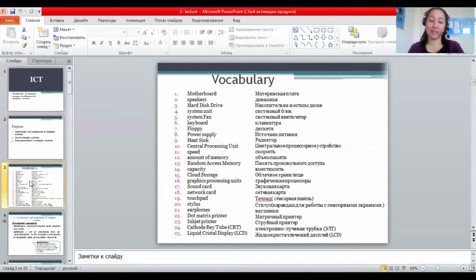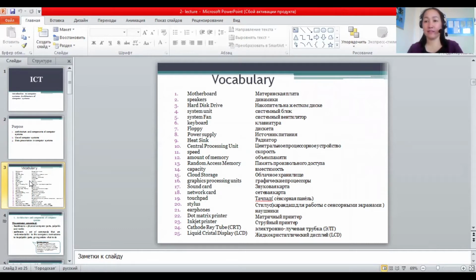We have today's 25 new vocabulary words that I made in English and in Russian. The second column is in Russian, which will help you understand our lesson. I will read, and you must write. Motherboard, speakers, hard disk drive, system unit, system fan, keyboard, floppy, heatsink, speed, amount of memory, random access memory.